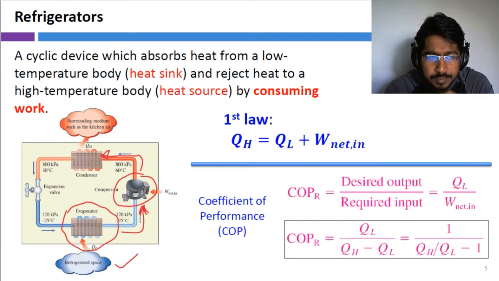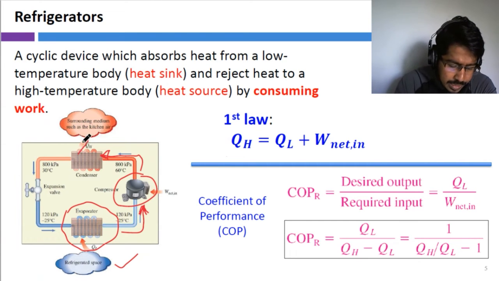At the condenser, we eject heat to the outer surroundings. In practical reality, refrigerators are usually located in our kitchens. So this outer surrounding is the kitchen, right? And after removing heat, we send it to the expansion valve.